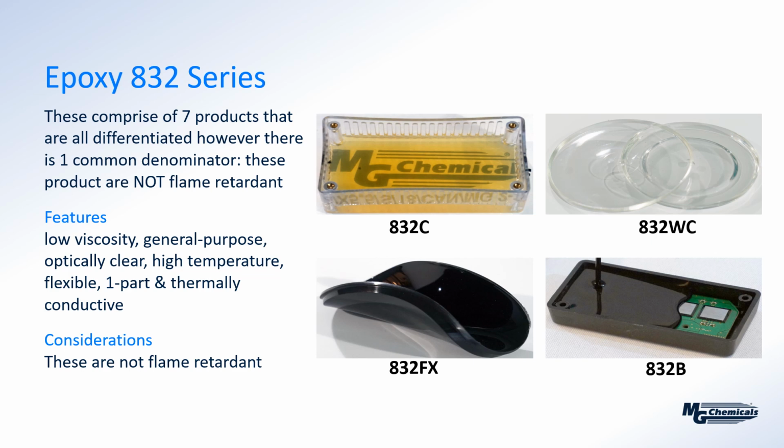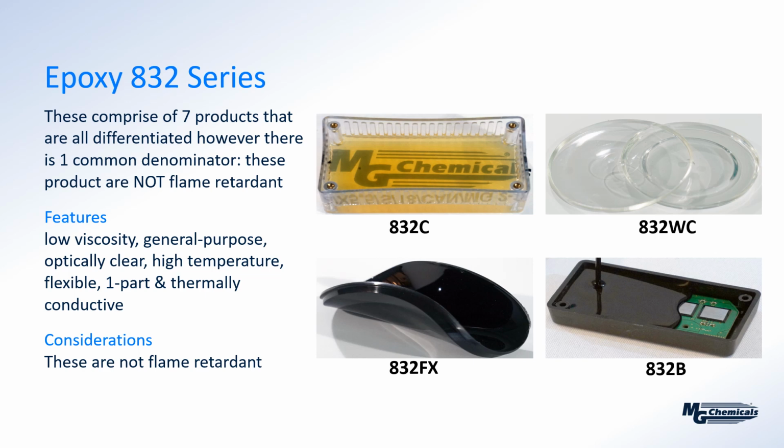That's a general purpose 2-part black epoxy resin, or the 832C, which is like the 832B, only it doesn't have the black colorant, so it's got that sort of amber clarity to it. We also have the 832WC, and this is a water clear two-part epoxy. So again, that has the same advantage of the 832C, only it has more clarity, and that typically comes into play when you're dealing with someone looking for better aesthetic.